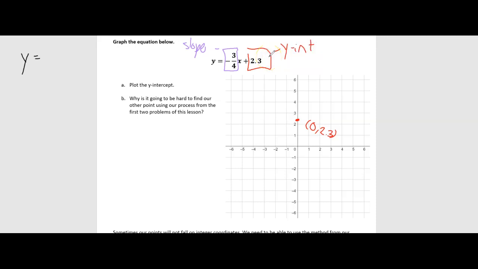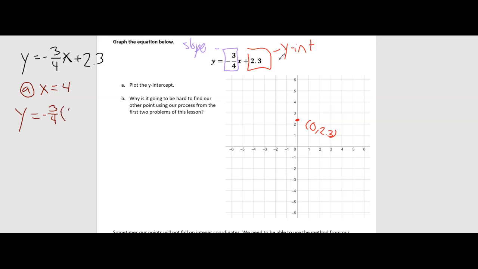I'm going to start off with my original equation, and I'm just going to pick a value for x to find my new point. Let's do x is equal to 4. Now, you could, of course, use a calculator to just punch this in and figure out what y equals. We'll do it by hand as well.